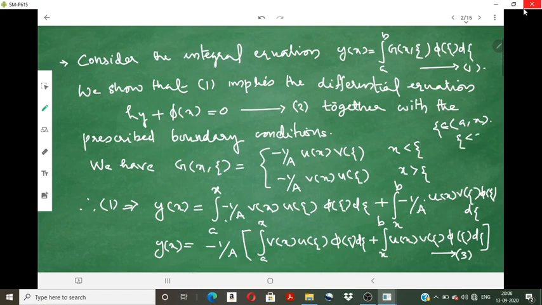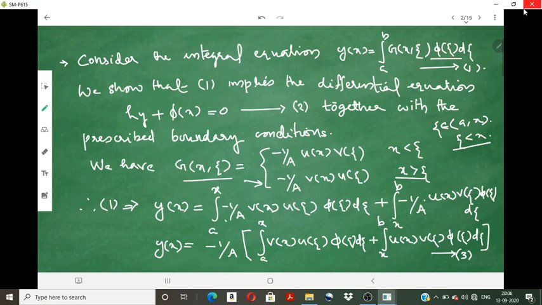That means theta is less than x, which means x is greater than theta. So when x is greater than theta, the value of g of x theta is minus 1 by a v of x into u of theta. So in the integral a to x, we write integral a to x minus 1 by a v of x u of theta phi theta d theta, because equation number 1 contains phi theta.